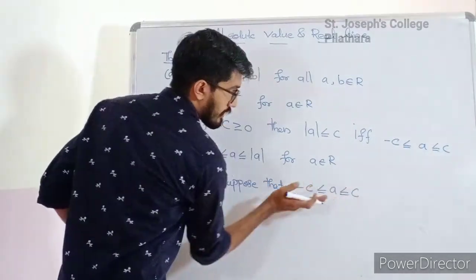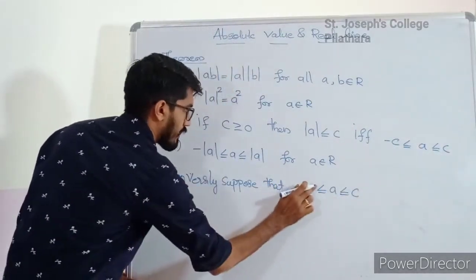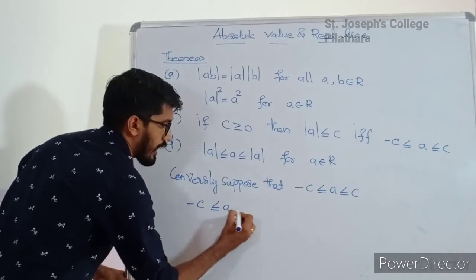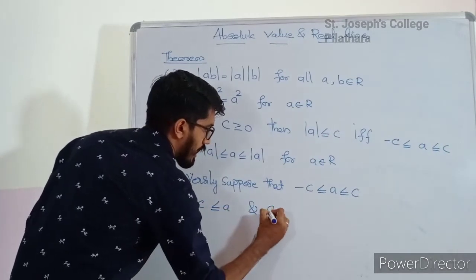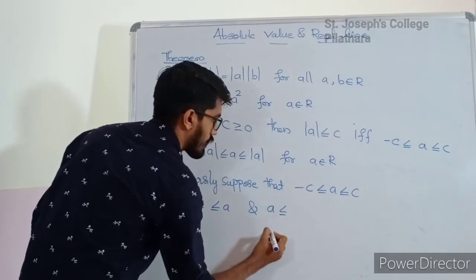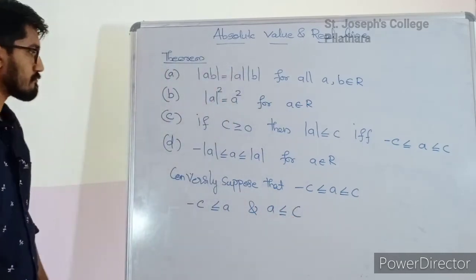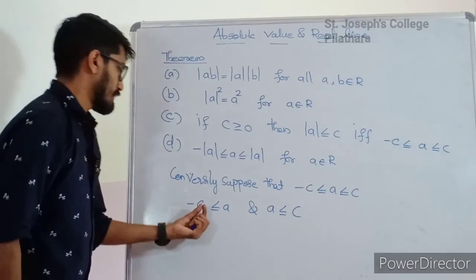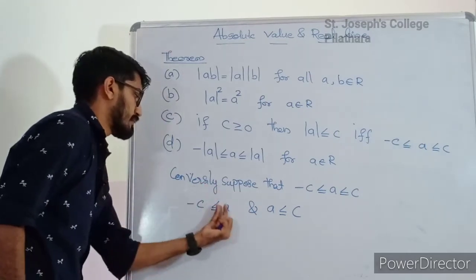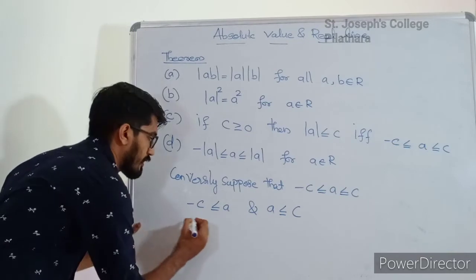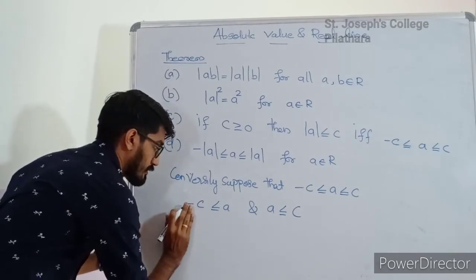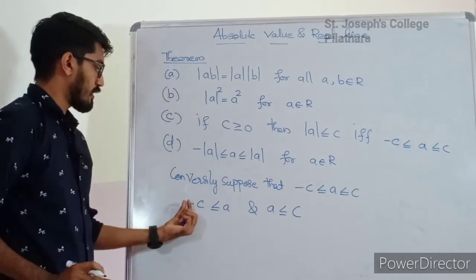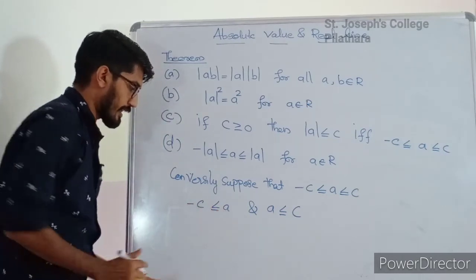Split this inequality. Therefore, we can write minus C less than or equal to A and A less than or equal to C. Change this inequality, interchange minus, move from left hand side to right hand side.